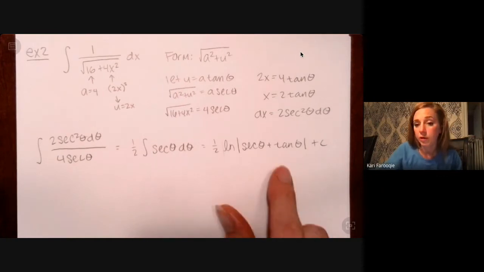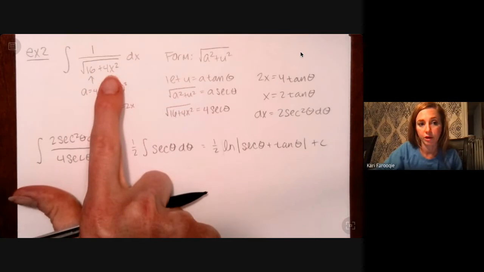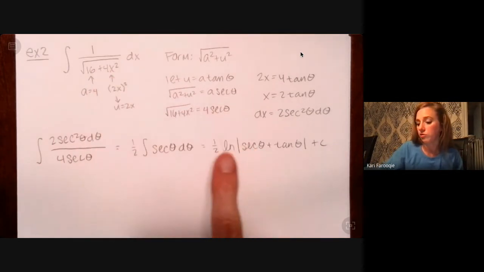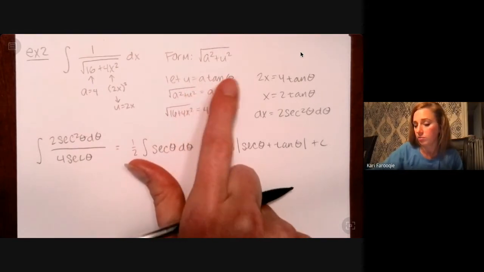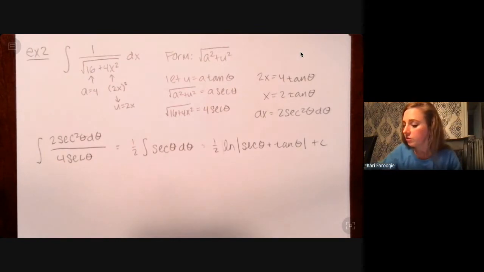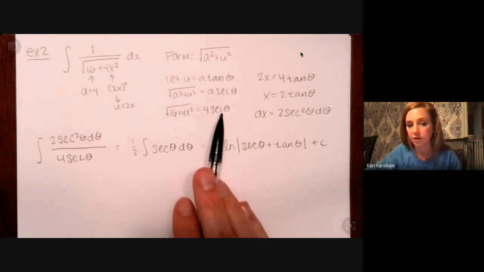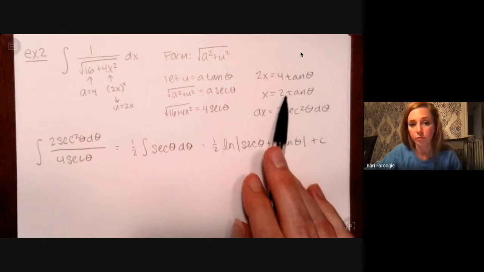But what you need to do now is back substitute for x. So originally I was asking you to evaluate this integral in terms of x. You have integrated in terms of theta, but we know that x is not equal to theta because we have this substitution here. So we're going to rewrite secant theta and tangent theta in terms of x. Now, the secant of theta, we can pull from right here. We're just going to divide both sides by 4, and that gets you the secant of theta. The tangent of theta, we're going to pull from right here.